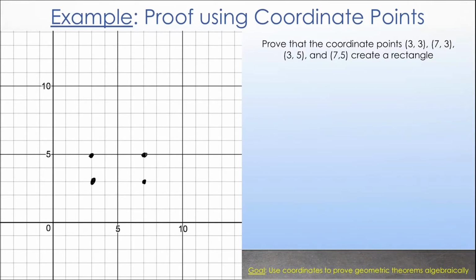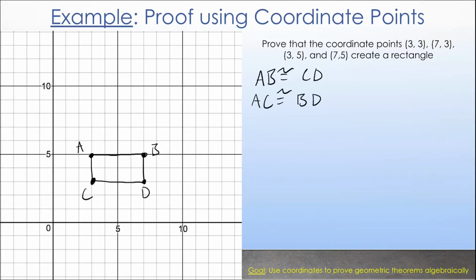We know that's a rectangle, but we'd have to state why. So I'm going to create some labels: A, B, C, D. I'm going to say that AB is congruent to CD, and AC is congruent to BD.